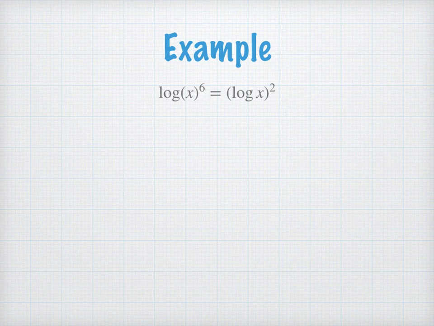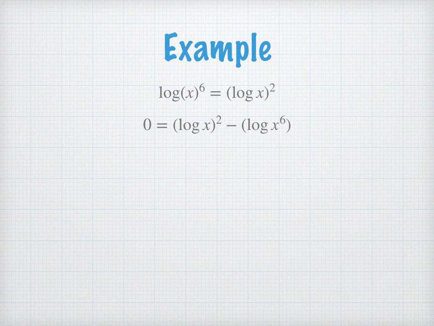This one looks a little bit different to us because our entire logarithm is being squared, not just what we're taking the logarithm of. So as we start this one, let's move both terms to the same side, setting it equal to 0. So we have 0 equals log x, quantity squared, minus log of x to the 6th.